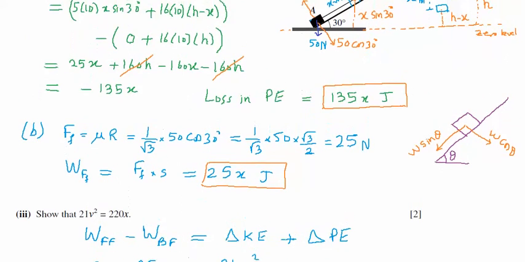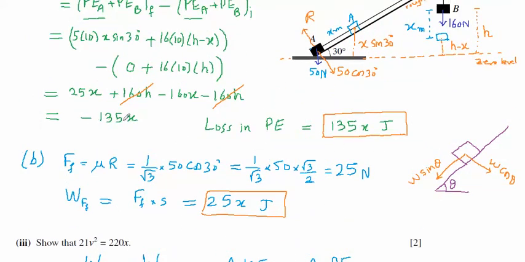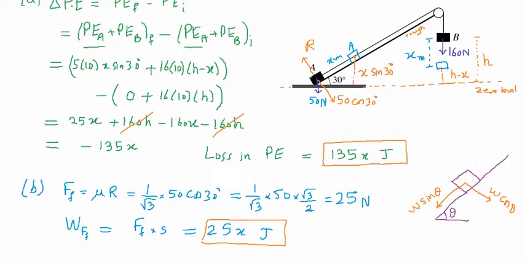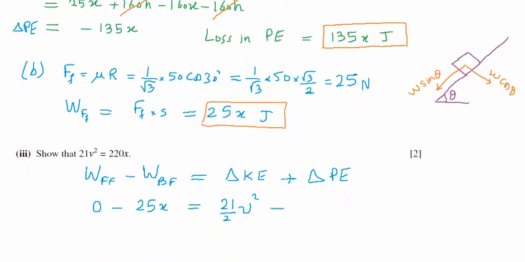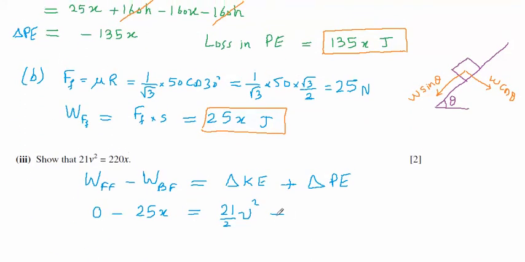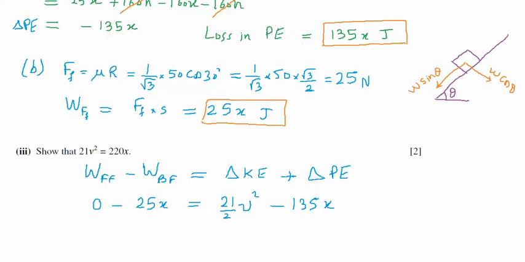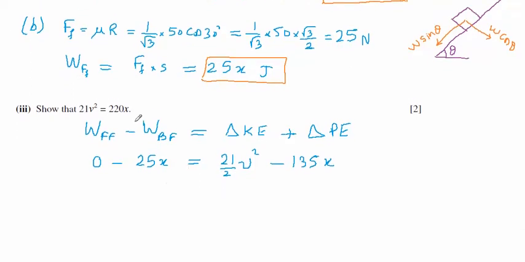Delta PE is actually minus 135x, if you see, this one where we are calculating delta PE. We'll not put that the loss is 135x. We need to put the proper sign with that, negative or positive. So delta PE is minus 135x, that's why it is negative 135x.